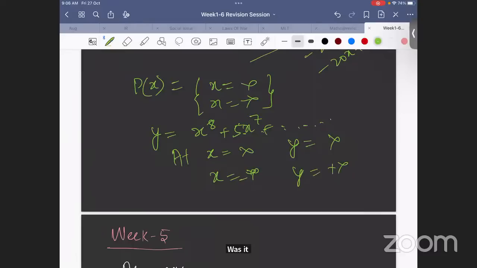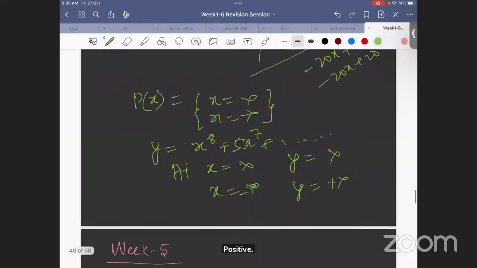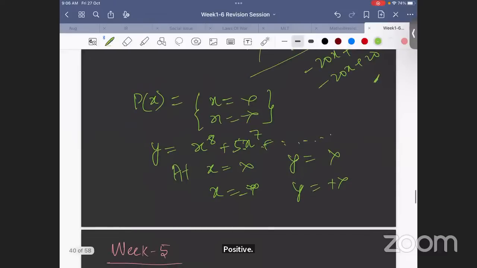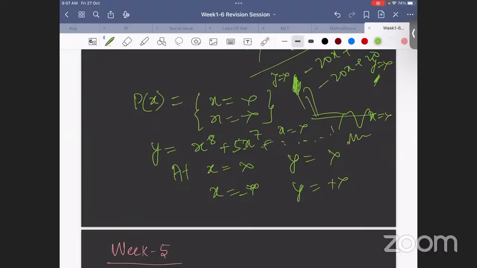So at x equals minus infinity, y is infinity, and at x equals infinity, y is infinity. So it will start from here and go in between. There will be some root, and you need to check how it will go down and up because of the multiplicity. The roots and multiplicity will help you here, and the starting and end points will help you from where to where you have to go.